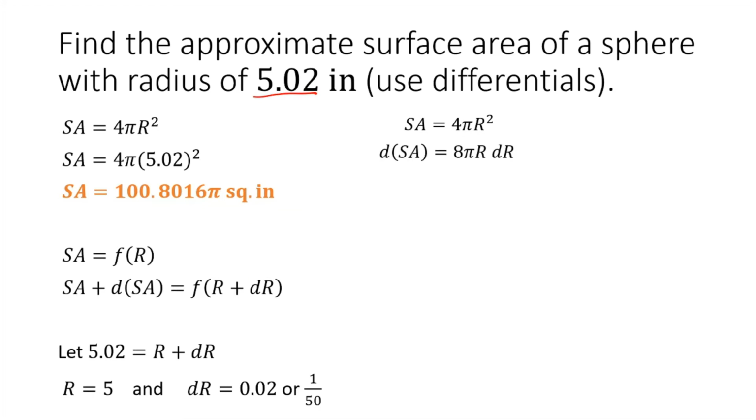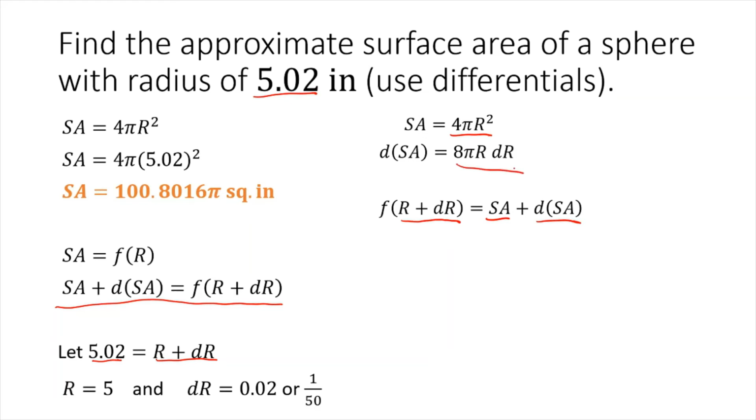So we have here 8 pi r dr. And then using this equation, f of r plus dr equals SA plus dSA, where r plus dr is 5.02, so plug in 5.02, right? And SA is 4 pi r squared, dSA is 8 pi r dr. All right, so plug in those values and equivalent expressions.